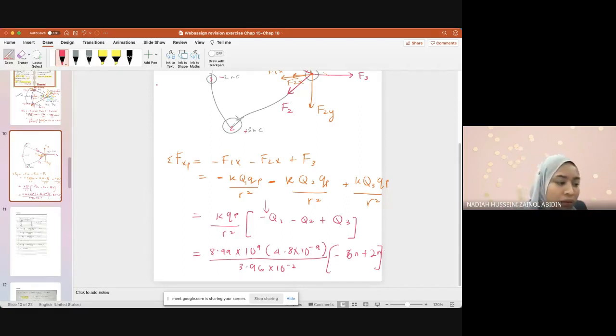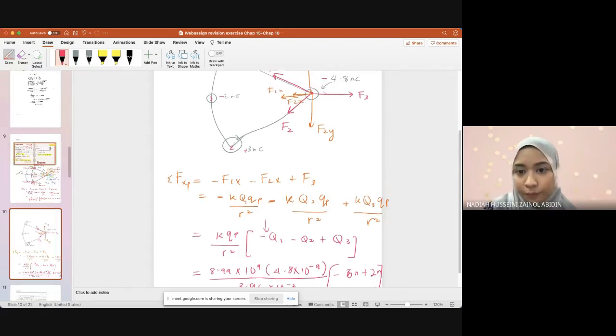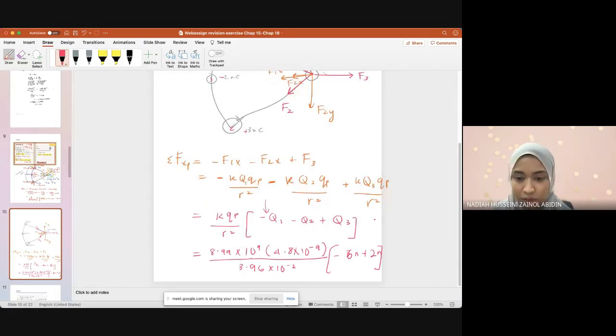Okay, so I'm going to use my calculator. Hopefully our answer will be the same. So 6 minus 2, sorry, minus 6 plus 2 times 10 to the minus 9. Okay, times 4.8 times 10 to the 9 times 8.99 times 10 to the 9 divided by 3.96 times 10 to the minus 2.